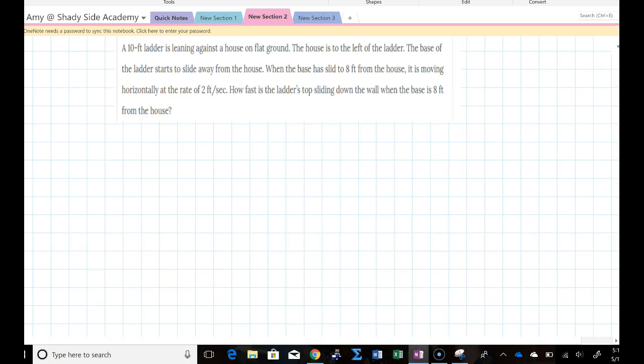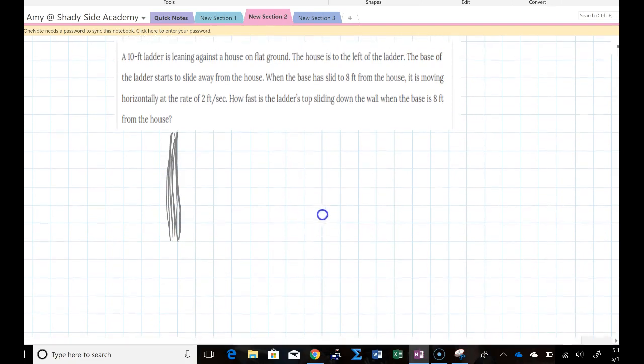Here's what I want you to do first. Do this with me. Let's go ahead and draw a picture of the situation. Here's the wall of the house. The house is to the left of the ladder, so here is the house. There is a ladder. It is 10 feet long.